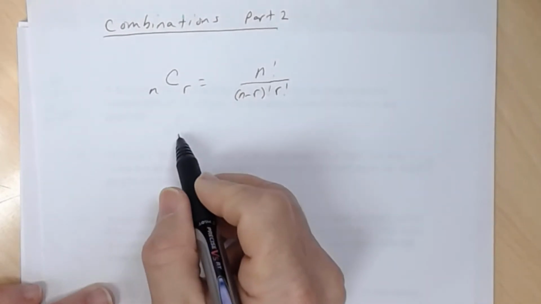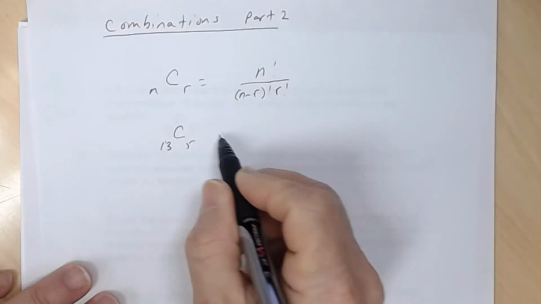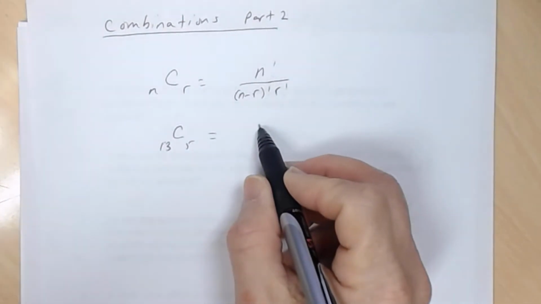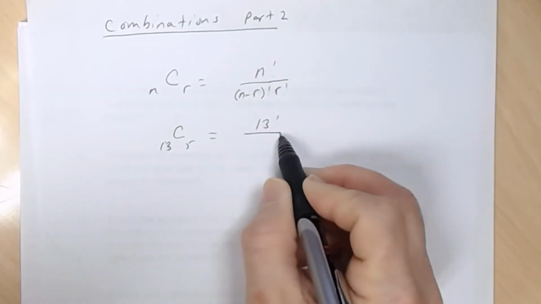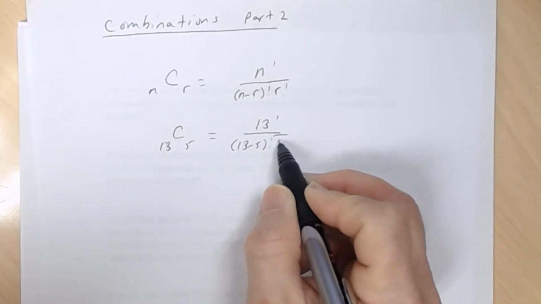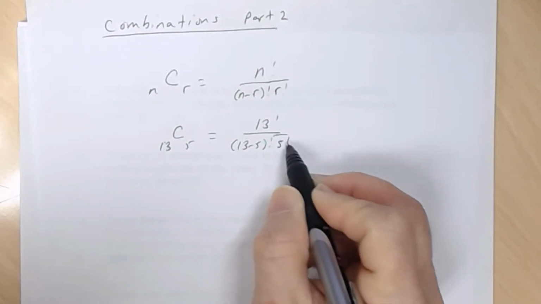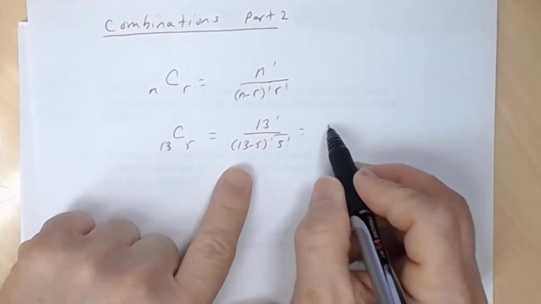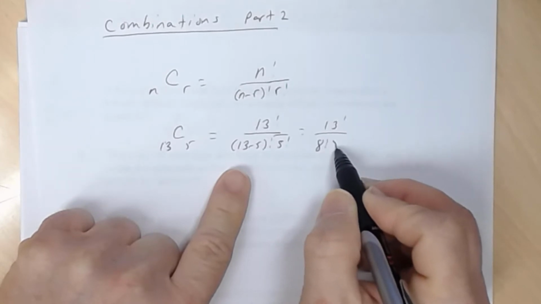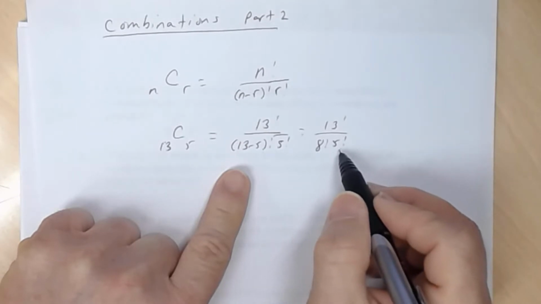If you do the work mathematically, we get 13 factorial divided by 13 minus 5 factorial, and the denominator is also being multiplied by 5 factorial. 13 minus 5 is 8, so your denominator is 8 factorial times 5 factorial.